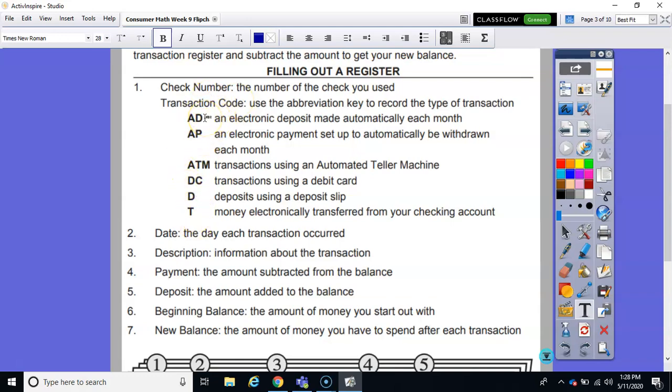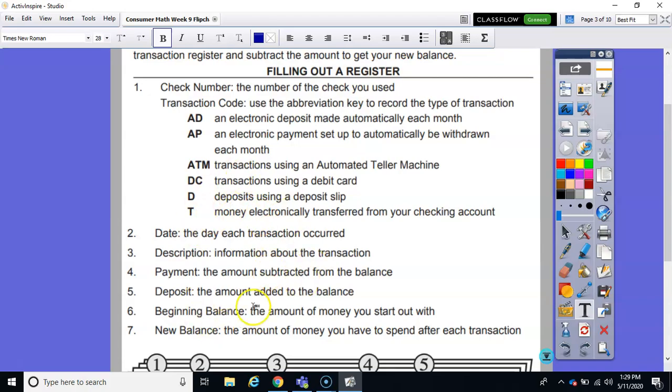The AD for automatic deposit, AP for automatic payment, ATM whenever you deposit or withdraw money using the ATM, DC for using your debit card, deposit using a deposit slip, like when you go to the bank and you just deposit some money. And then T is an electronic transfer from your checking account. So if you transfer money to a friend or a family member, you can mark it that way. You always want to write the date the transaction occurred so you can check.